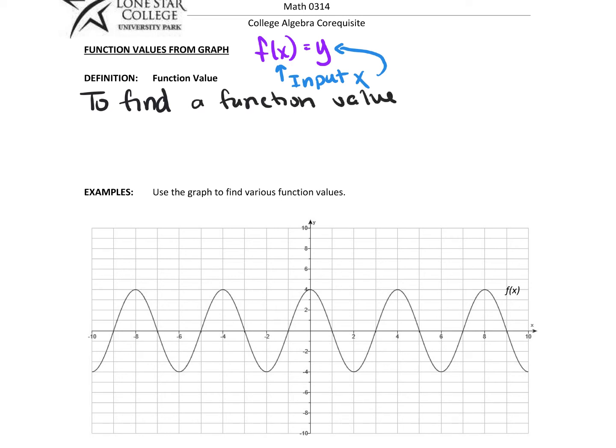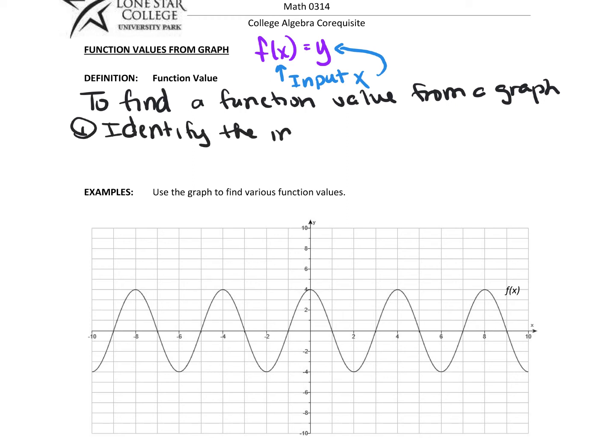here's what we're going to do. We're going to first identify the input, the x value. So identify the input. And in this case, that would be this value right here. That's the input.